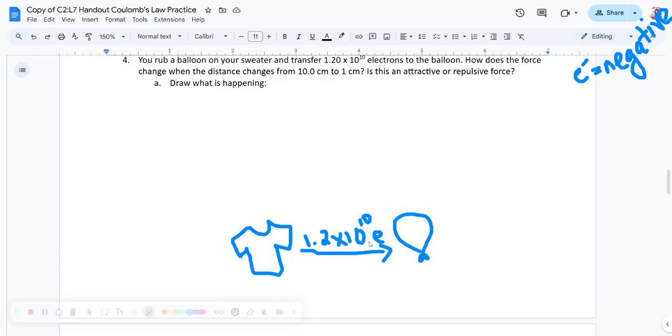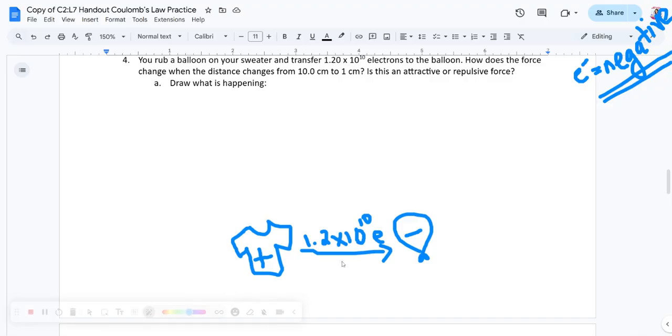If I moved over this many electrons from my sweater, that means my sweater is now missing that many electrons. And that means my balloon now has that many extra electrons. So if there's extra electrons, that means it's going to be extra negative. So suddenly my balloon is super negative, right? And that means that my sweater lost all of those negatives, so it's going to be positive. So that's the first thing we want to think about.